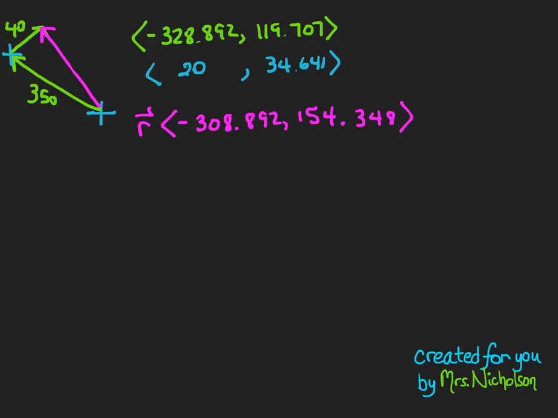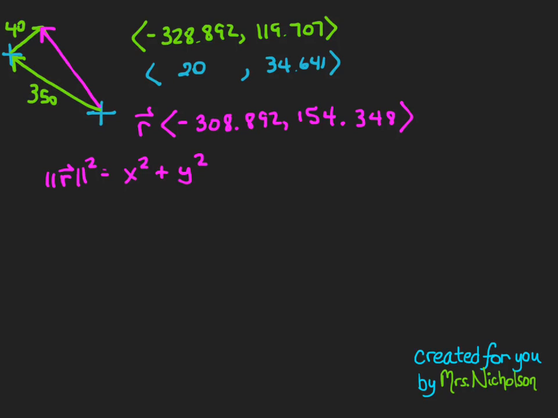So we have formulas for that as well. Remember, the magnitude squared is going to be equal to the x component squared plus the y component squared. It's just Pythagorean theorem. These x and y components form the legs of a right triangle with my resultant vector as the hypotenuse.